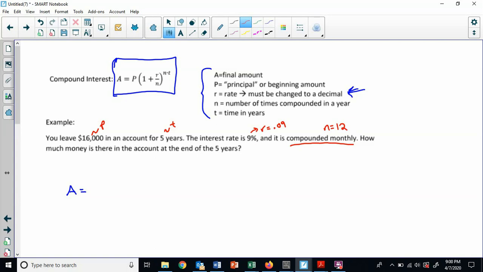Okay, so let's see if we can put this all together. So what's our P? 16,000. 1 plus R is 0.09 over 12 to the, let's see, N is 12 times T is 5. Okay. And so all we're going to do here is use a calculator.